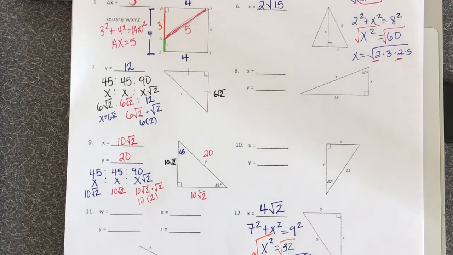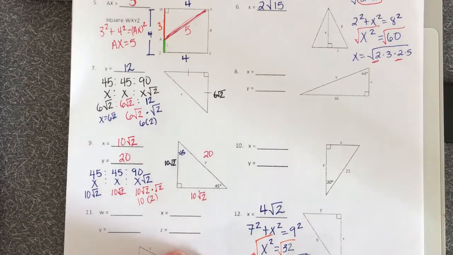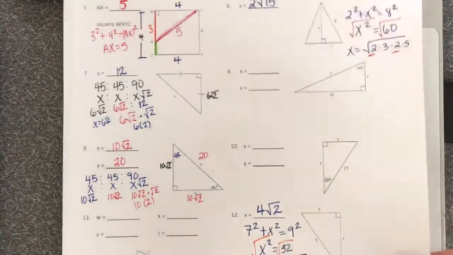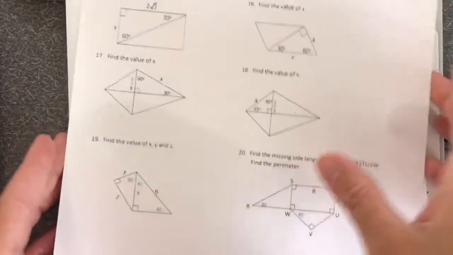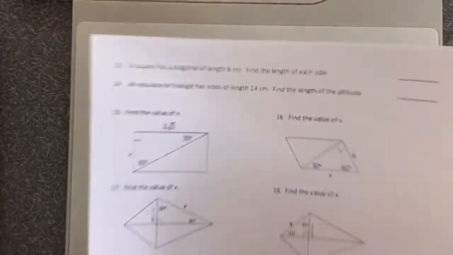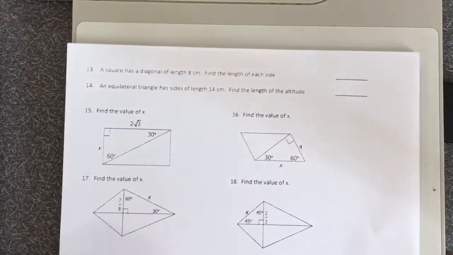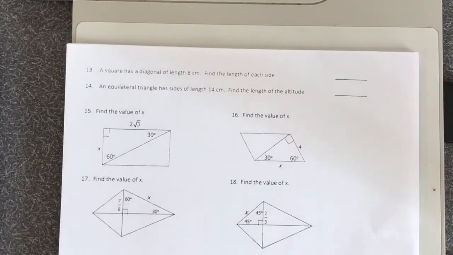Okay, so let's jump down to number 13. So that's on the back. Number 13, it says it's given that a square has a diagonal length of 8. Find the length of each side.